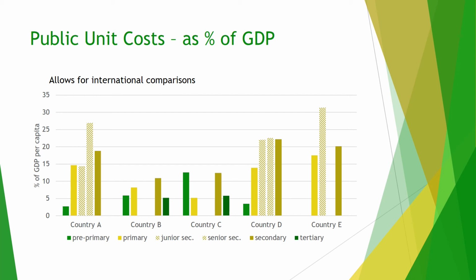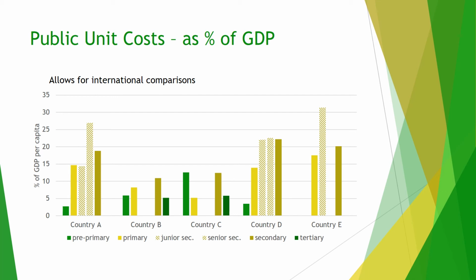So if we look at this chart now, where the public unit cost is expressed as percentage of GDP per capita, we can see that country A and country D, in fact, have relatively similar level of expenditure for secondary and for primary, as well as for pre-primary. So the comparison is easier to do.